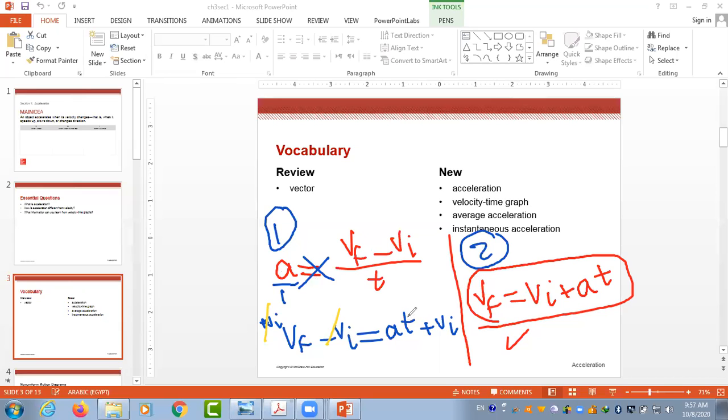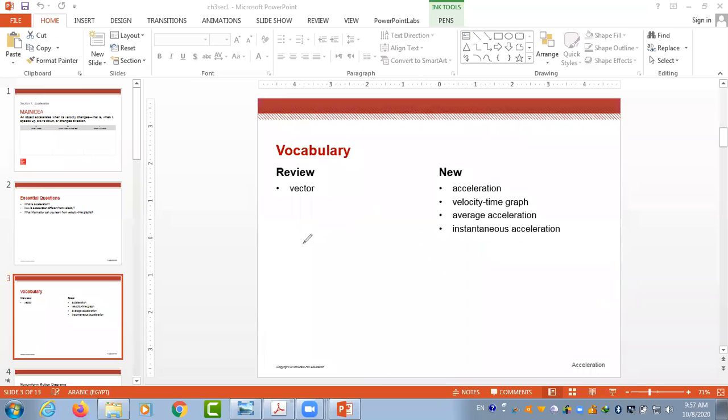What is the measuring unit of velocity? Before, we said acceleration equals change of velocity over time. And we know that the measuring unit of velocity is meter per second. And the time is also measured in seconds.